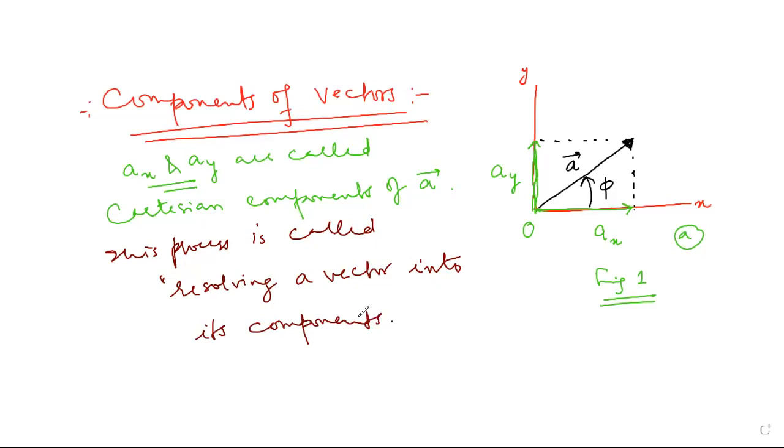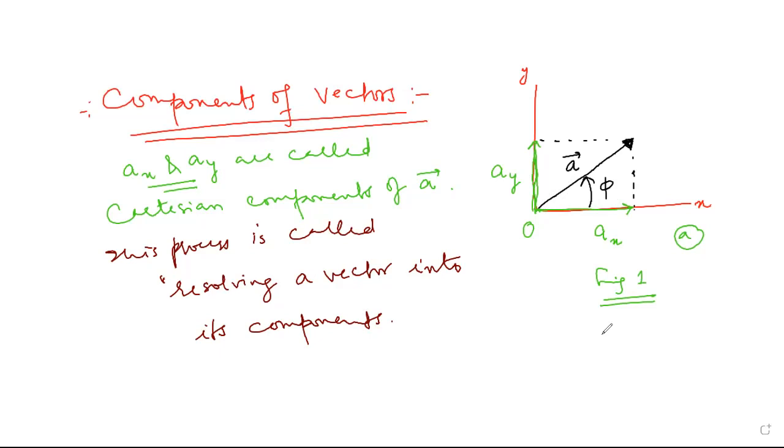Now you have to understand that vector A is completely and uniquely specified by these components. That means given AX and AY, we could immediately reconstruct the vector A. Another thing, the components of a vector can be positive, negative, or zero. In this case, AX and AY both are positive.